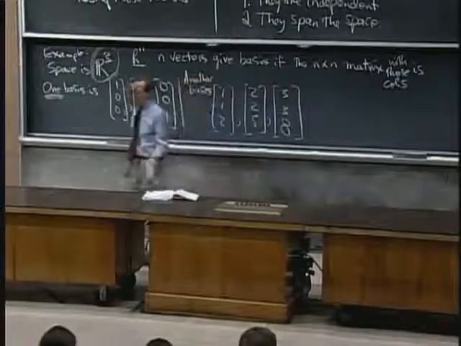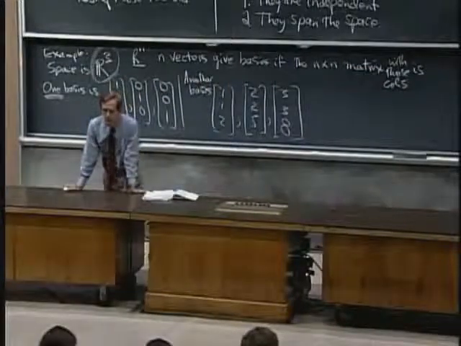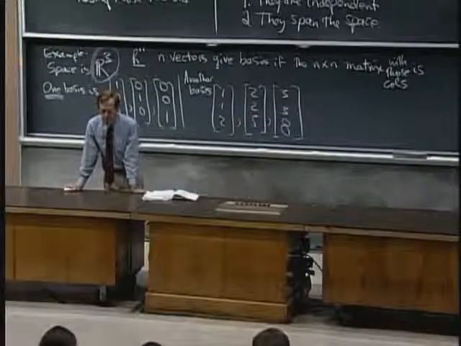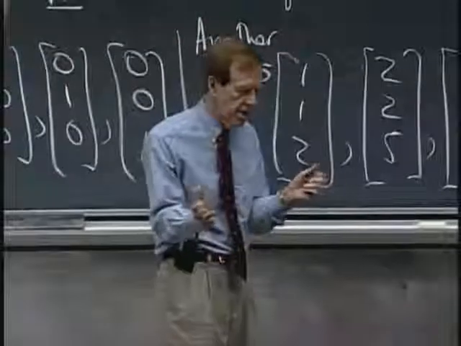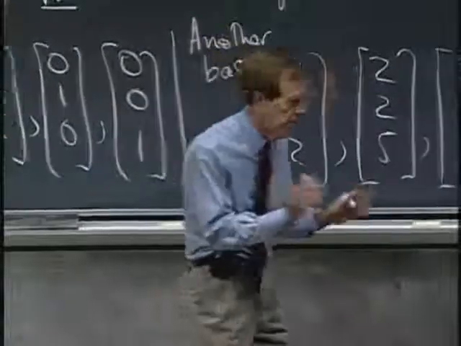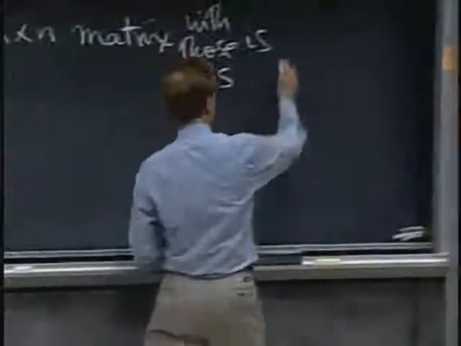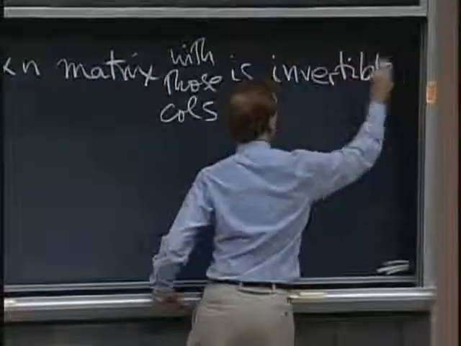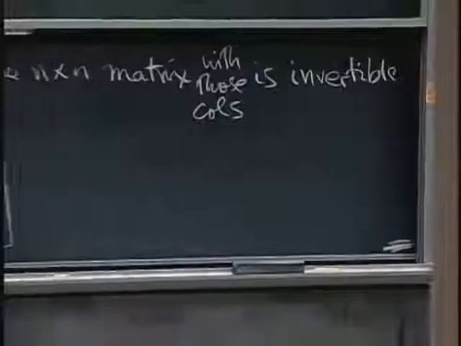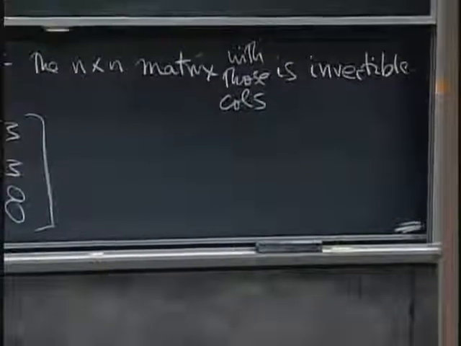What's the requirement on that matrix? Invertible. Right. The matrix should be invertible. For a square matrix, that's the perfect answer: invertible. So that's when the space is the whole space Rn.